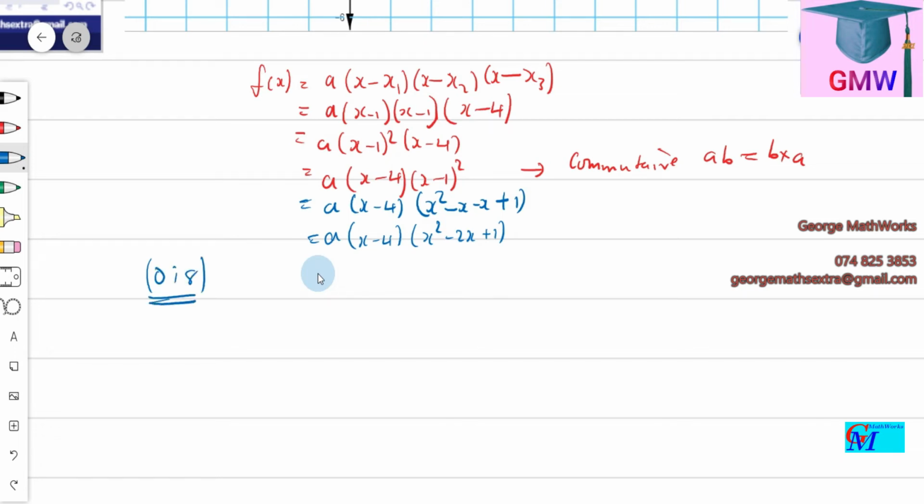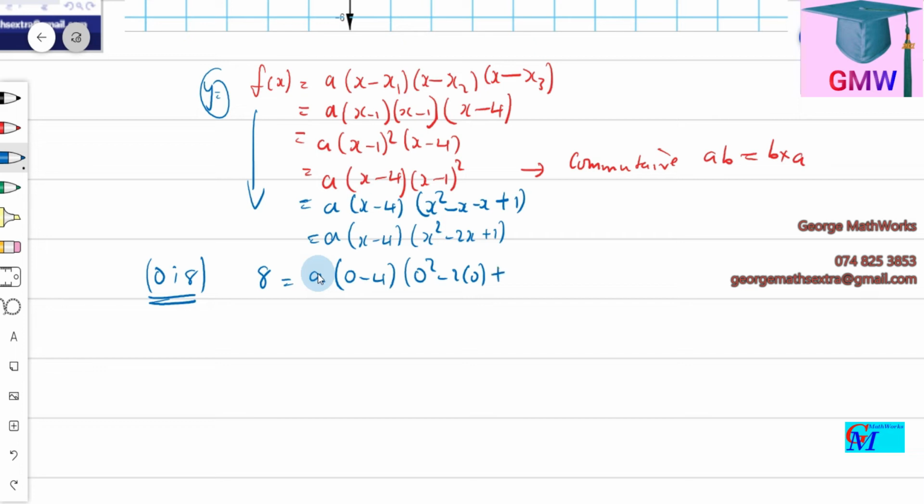So with this point here, wherever there is y, this is my y. We need to understand that y is the same as f of x. It's notation. So wherever there is y, I'm going to put 8 is equals to a here. Wherever there is x, I put 0. That's 0 minus 4. Then here, that's 0 squared minus 2 by 0. Then here, plus 1.